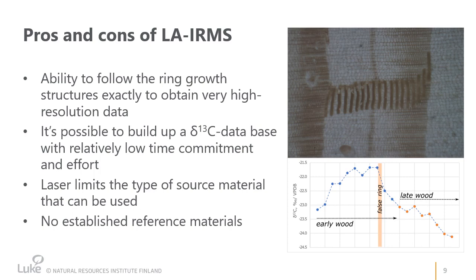And one other thing to keep in mind is that there are no established reference materials for laser ablation stable isotope analysis. We have resolved this issue by using homogenized materials, an in-house reference material, and commercially available stable isotope reference materials.